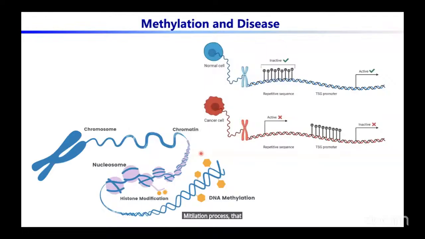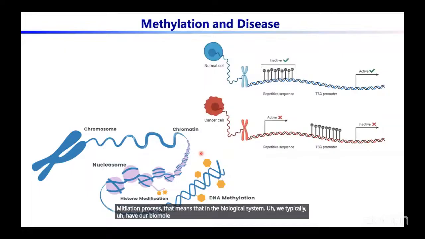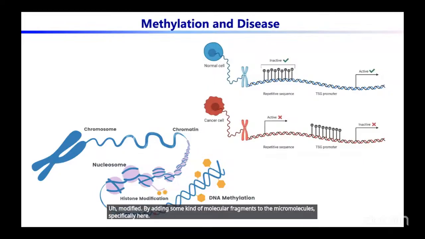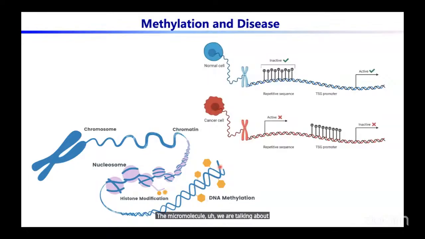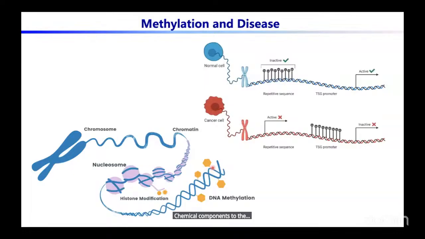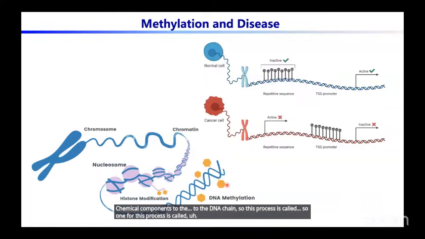That means that in the biological system, we typically have our biomolecules modified by adding some kind of molecular fragments to the macromolecules. Specifically here, the macromolecule we are talking about is DNA. The DNA nucleotides can be chemically modified by adding some chemical components to the DNA chain, and one such process is called the methylation process.